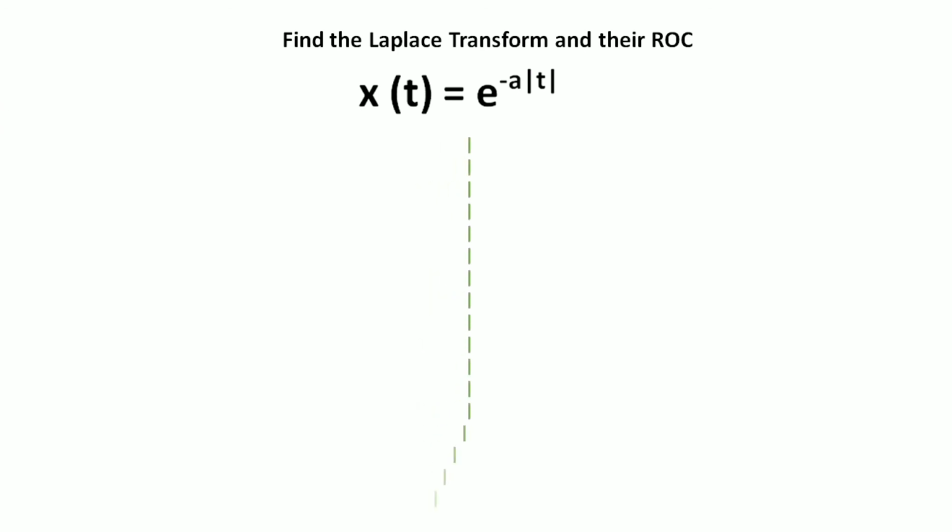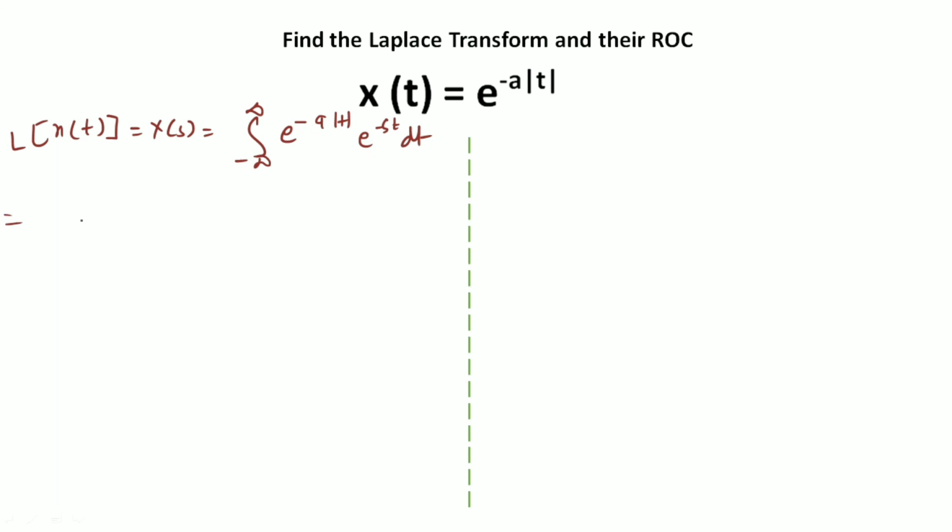When we start doing the integration, suppose the Laplace transform of x(t) is equal to X(s), and we have minus infinity to infinity e to the power minus a mod t, e to the power minus st dt.